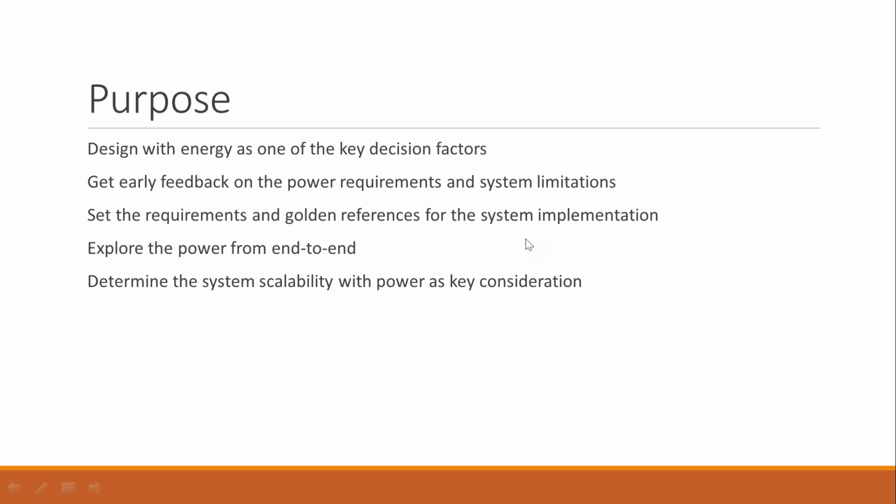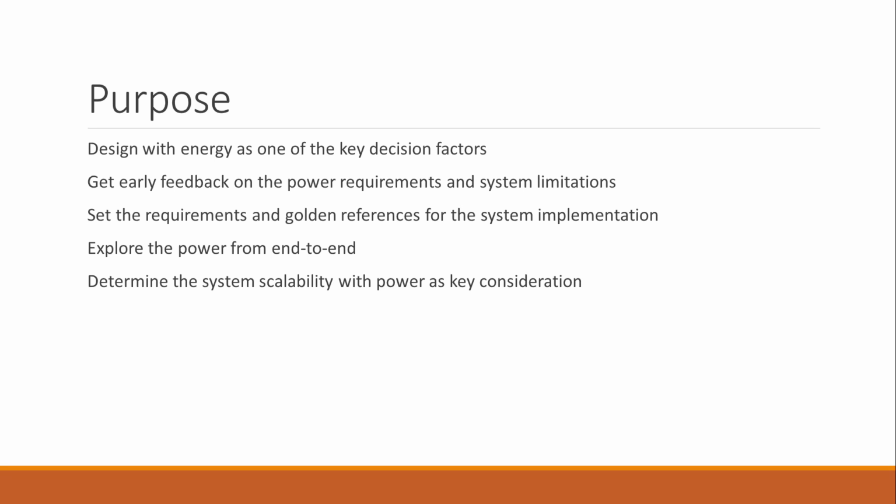So with that, let us move over to today's power analysis and power design in VisualSim. One of the key aspects in any of your architecture is energy. It could be right from consumption to management to how it impacts what your mechanical enclosure is going to be like.